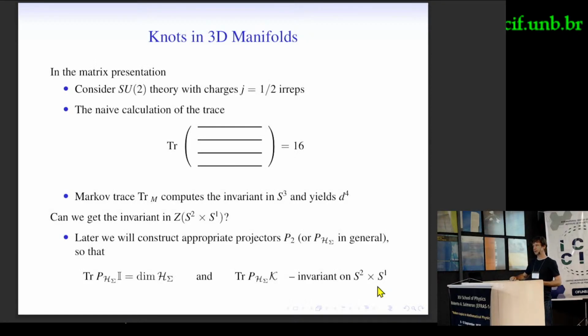For that, we'll need to introduce some operators. It will be clear, hopefully, in the discussion which will follow, how to define appropriate operators that will give the dimension of the Hilbert space. So in principle, with this, you should be able to compute any Jones polynomials or analogs of Jones polynomials on any closed 3-dimensional manifold.